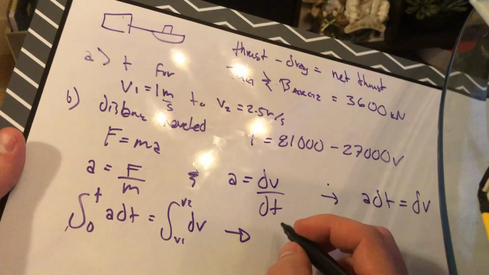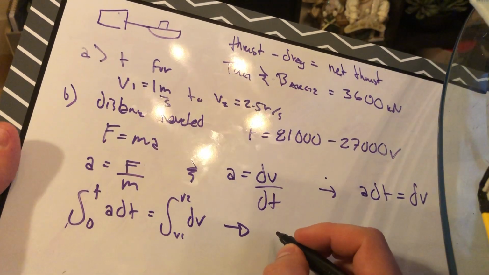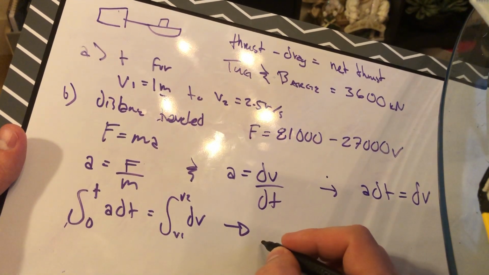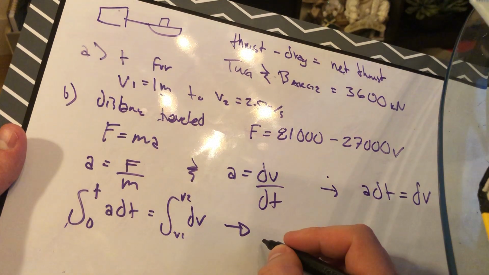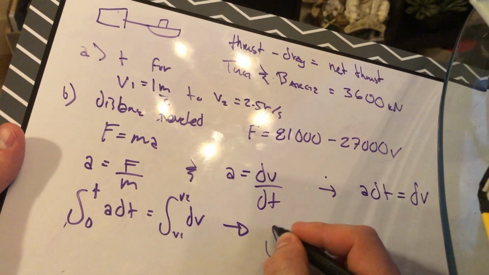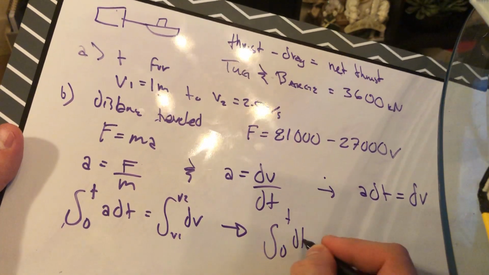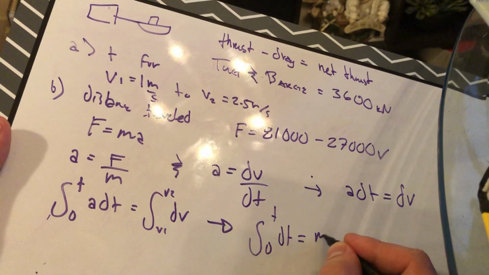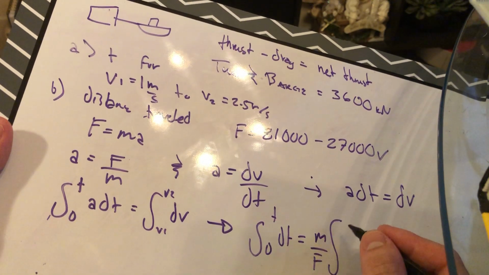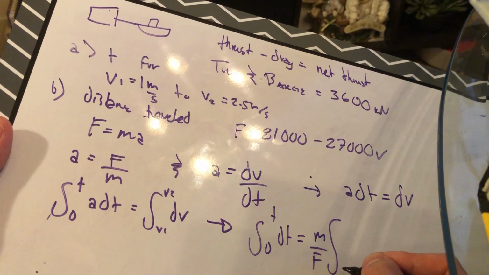So we'll do that. That is going to give us essentially the integral from 0 to t of dt, and that is going to be equal to mass over force.